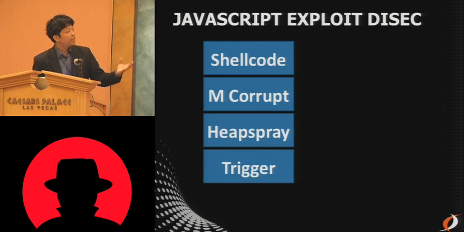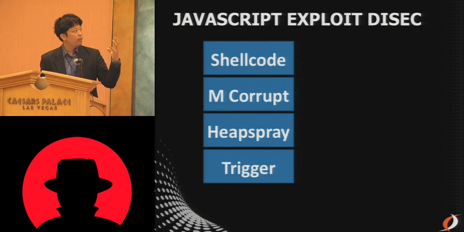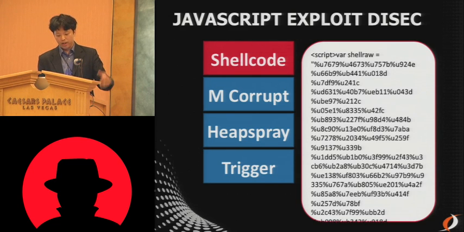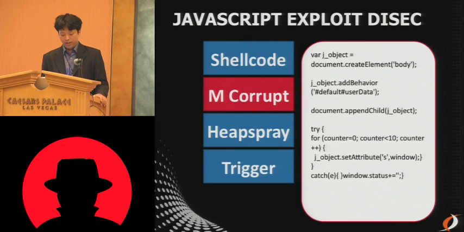Okay. So dissecting a JavaScript exploit. There's a shellcode, there's a memory corruption, there's a heap spray, and there's a trigger. The shellcode is the payload, for example, Meterpreter. The memory corruption is where you corrupt the memory, for example, buffer overflow or other types of memory corruption, and you trigger that vulnerability.